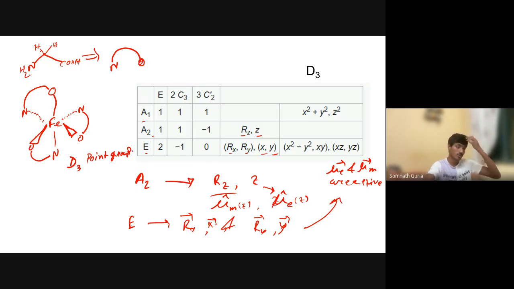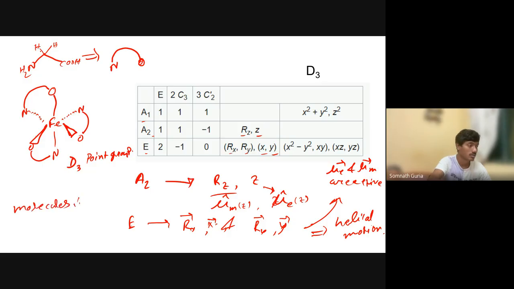So it will provide the helical motion, and then this molecule is CD active.